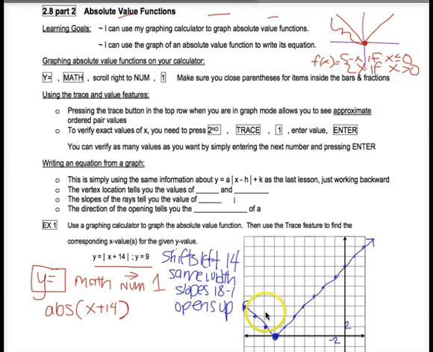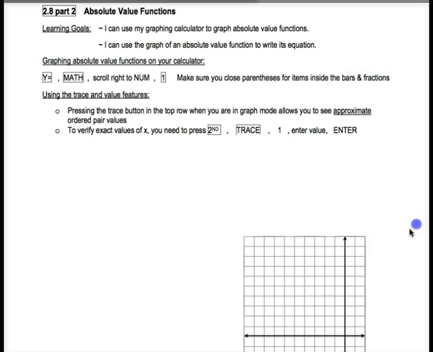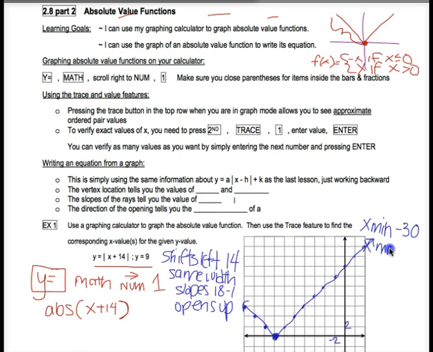So in order to see the entire V, I did my window, my x minimum, I went from -30. My x maximum, I only went up to 6 because you didn't need to go very far to see the whole right side of the V. My x scale, I counted by 2s. You can certainly count by something different if you want.